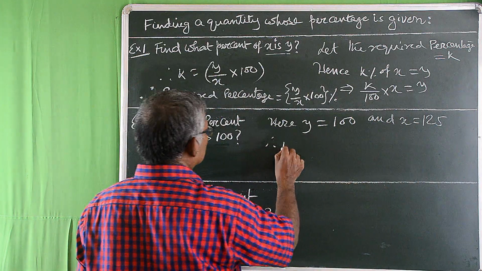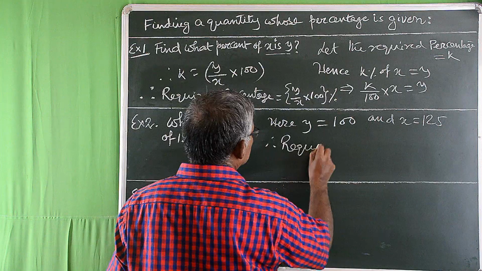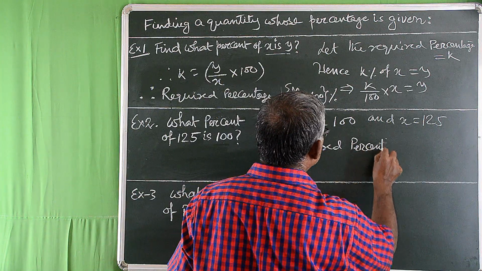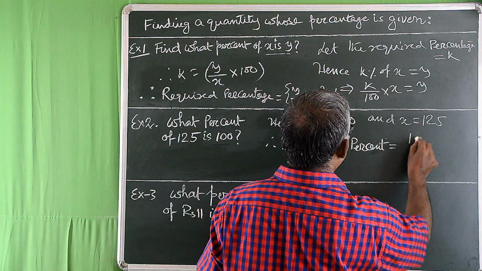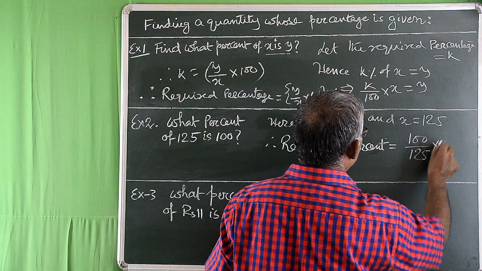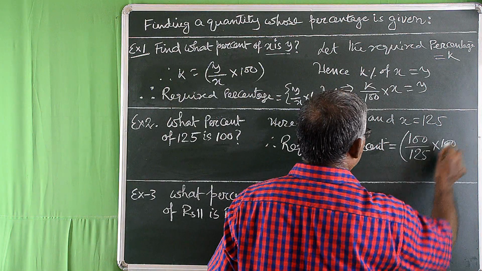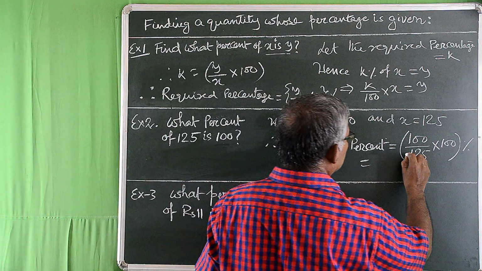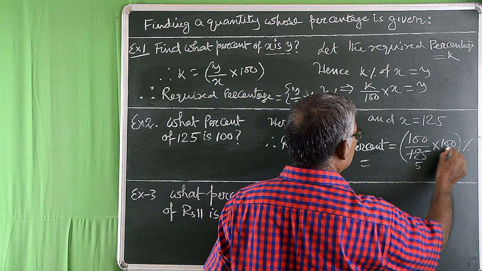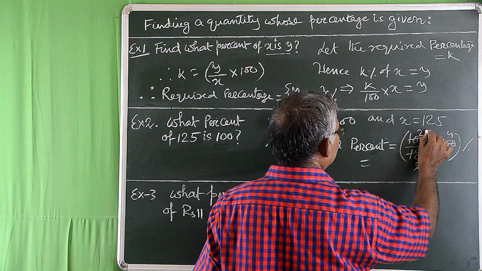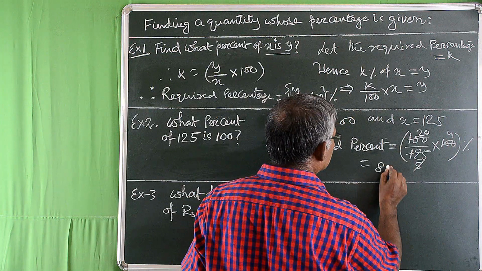Therefore the required percent equals 100 by 125 into 100%, equals, here it is 5 and it is 4 and it is 20, that is 80%.